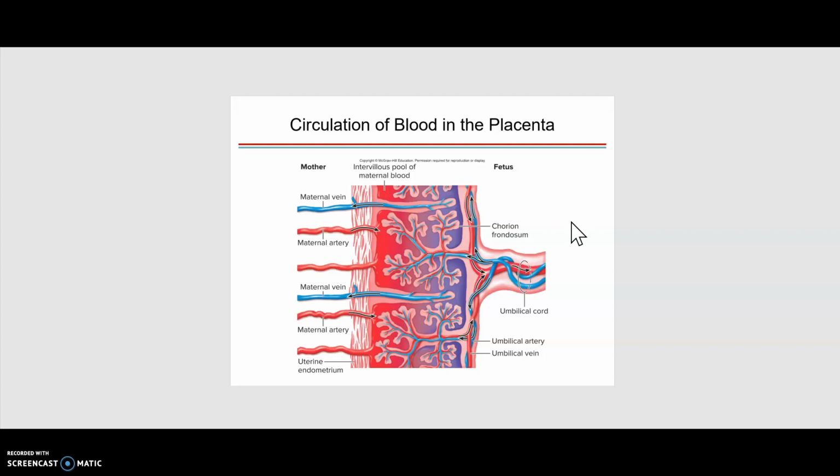So the umbilical artery is bringing deoxygenated blood, and the umbilical vein is bringing oxygenated blood back because it has been exchanged with the mother. Now I want to go to this picture next.